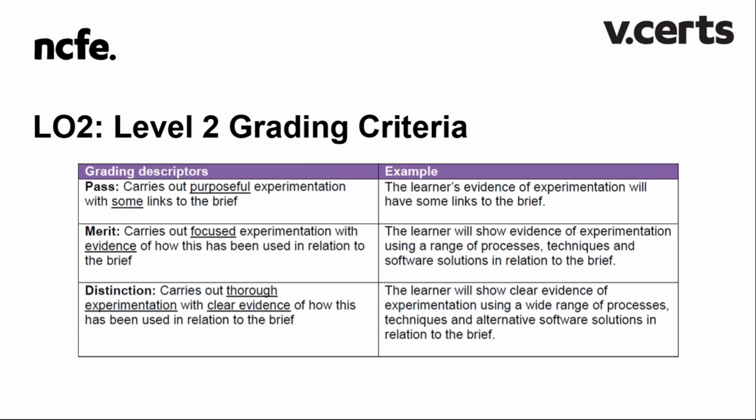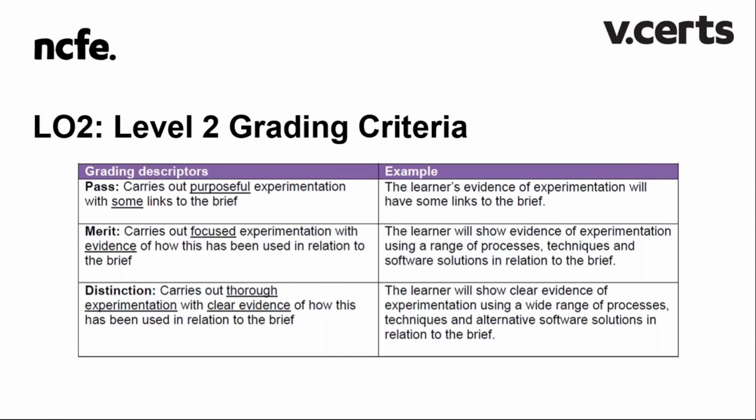So here we can see the level 2 grading criteria, and again, purposeful and focused are keywords between the pass and merit criteria here, and this really is making sure that the students are focused and purposeful based on their interpretation of the information that's given to them on that design brief.